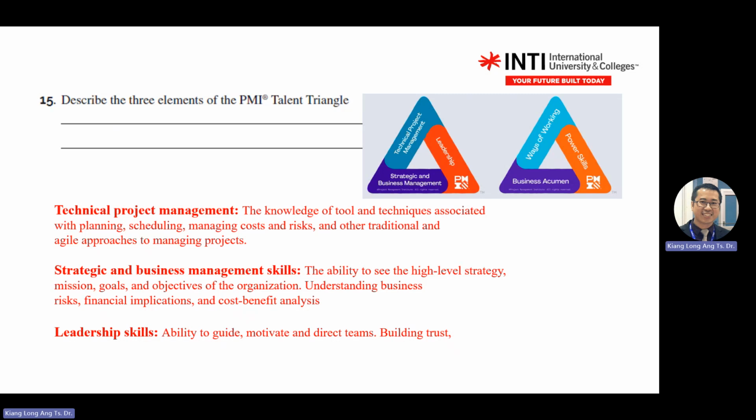Okay, so this question is the same as one of the questions in chapter 2. Technical, project management, strategic business management skill, and leadership skill. And then you elaborate on each of these skills. What do they do?